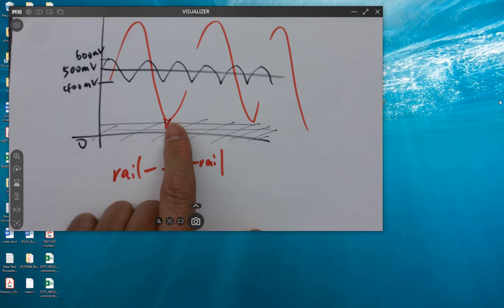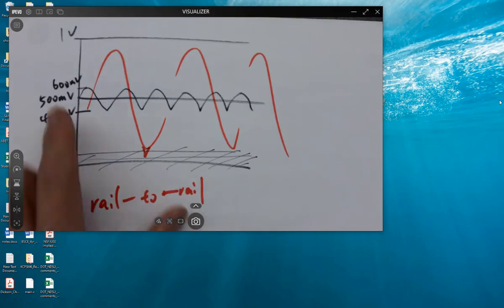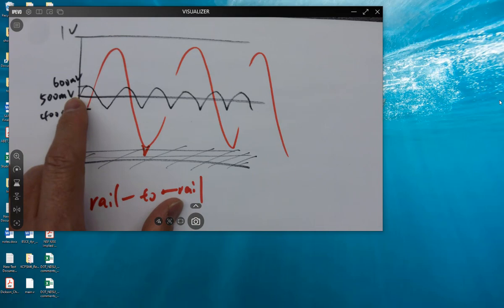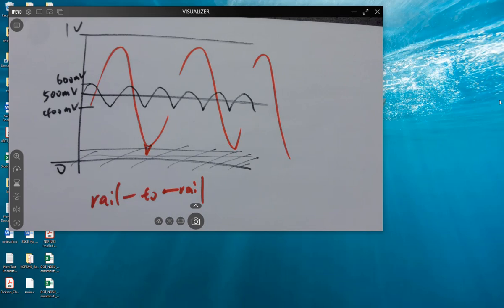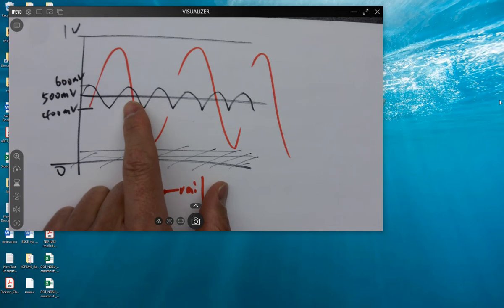Another thought here is why the signal is always sitting in the middle. That's a very good thing to think about. This signal is already pre-amplified and processed. It's not directly from the sensor.